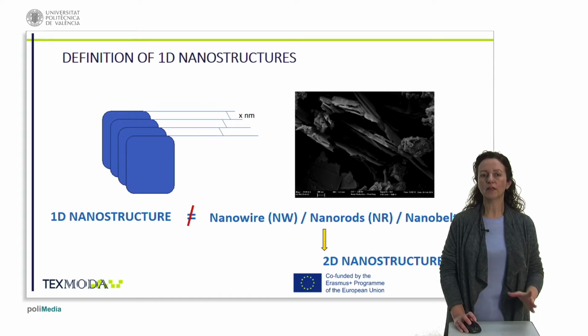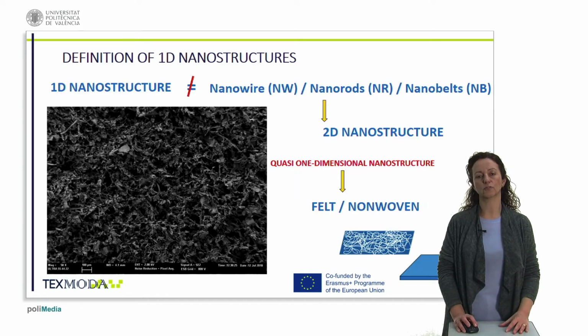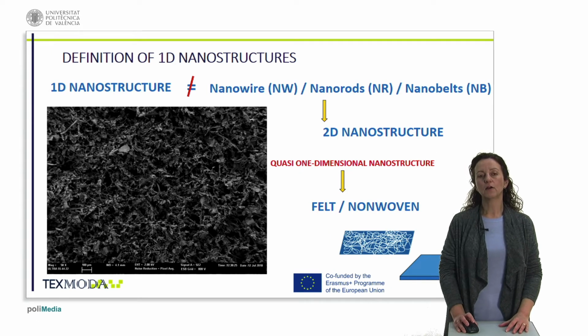So a 1-dimension nanostructure is not the same as 2-dimension nanostructures like nanowires, nanorods, or nanobelts, which will be studied in the next lesson.